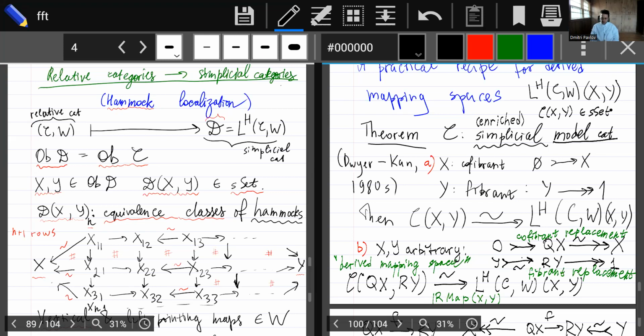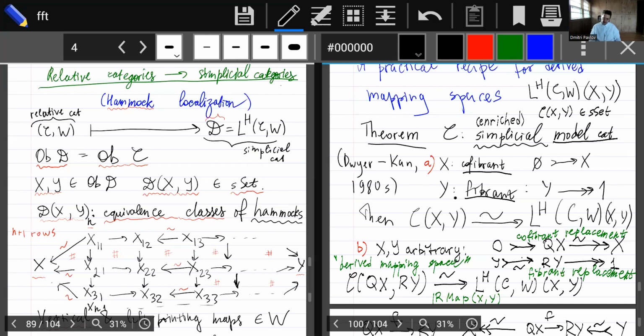And the theorem of Dwyer and Kan is that if you have a simplicial model category and you have a cofibrant object X and a fibrant object Y, so let's recall this means that the unique map from the initial object to X is a cofibration, and the unique map from Y to the terminal object is a fibration.